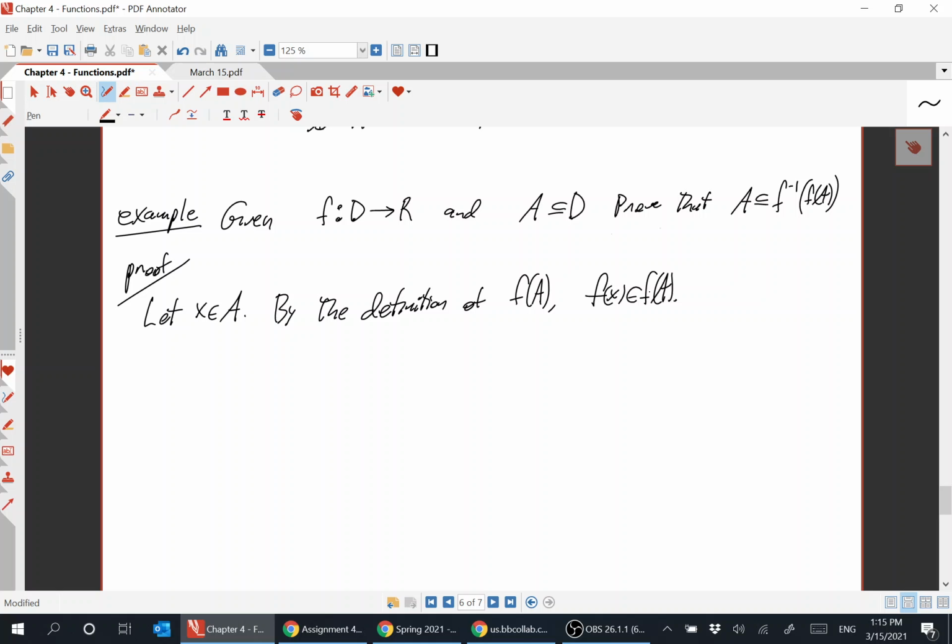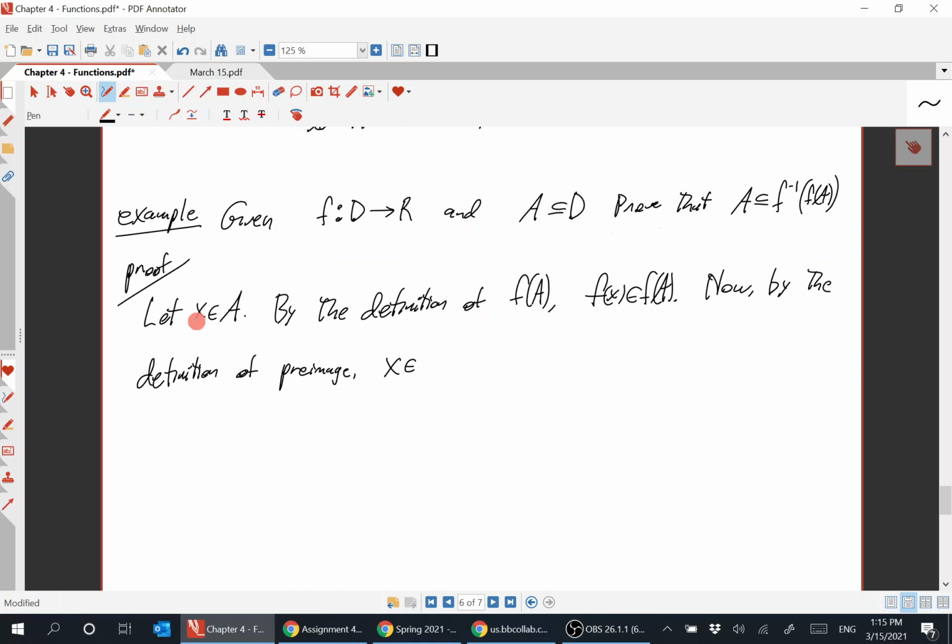Therefore, by the definition of preimage, what does the definition of preimage say about x? Where is x? Yeah, I know x is in A. We know x is in A, that was our assumption.